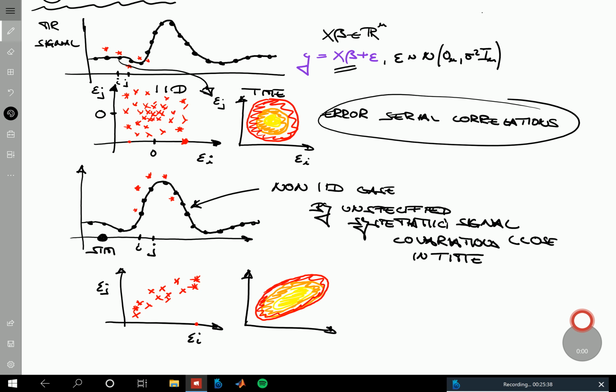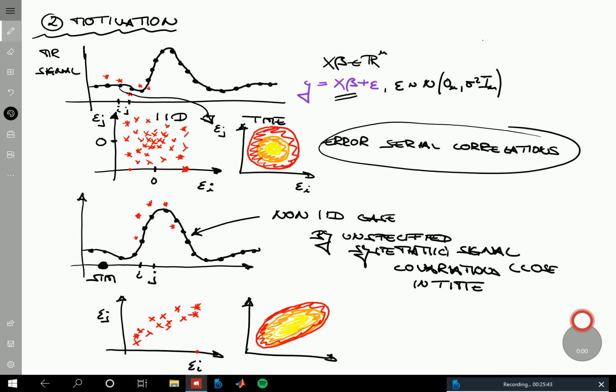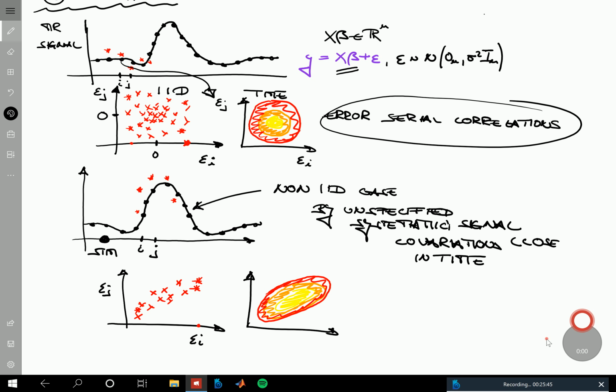Today, the only thing I want to achieve is to basically go from the scenario that we have a spherical covariance matrix to a scenario where we don't have a spherical covariance matrix, so where we have a matrix V, which is symmetric and positive definite, so that we have a proper variance parameter, but yeah, we don't talk about its details, and the most important thing is that it's not the identity matrix, so V is just not I_n.